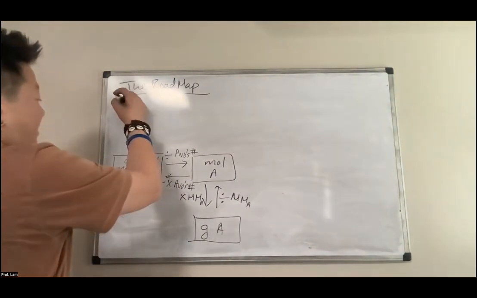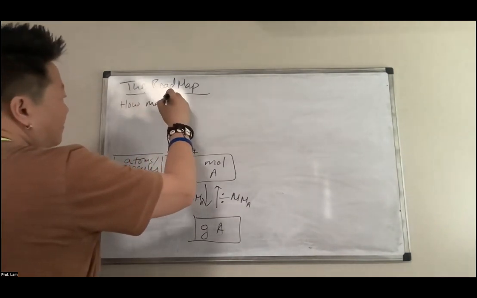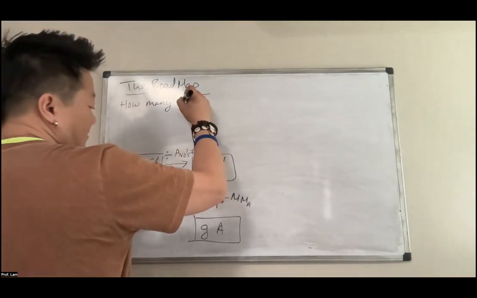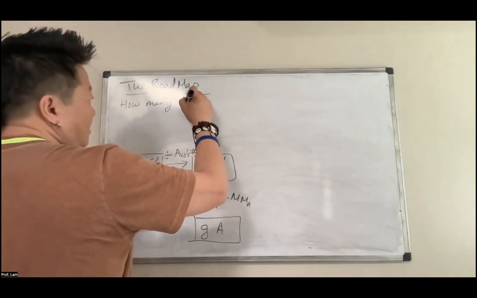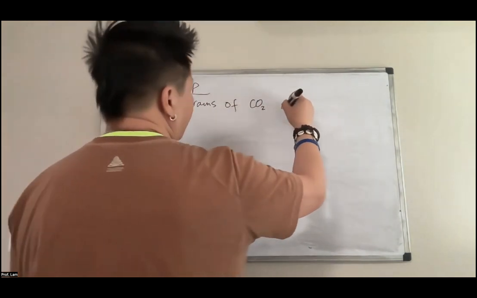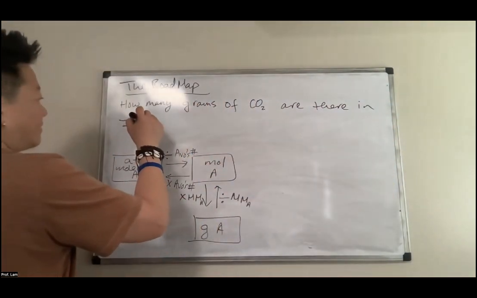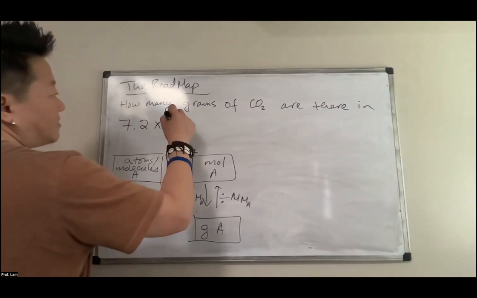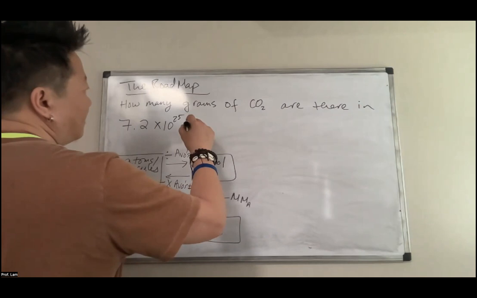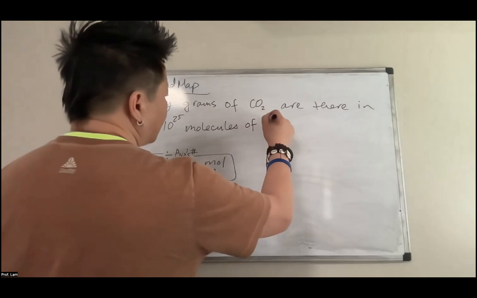Okay. So now I can ask how many grams of CO2 are there in 7.2 times 10 to the 25th molecules of CO2.